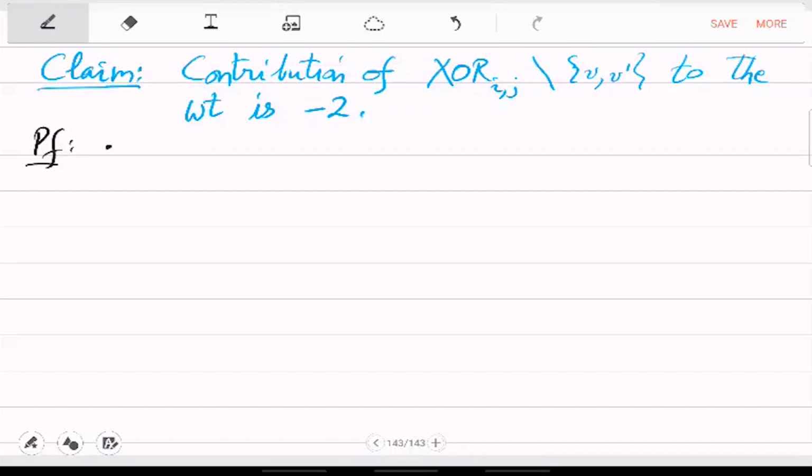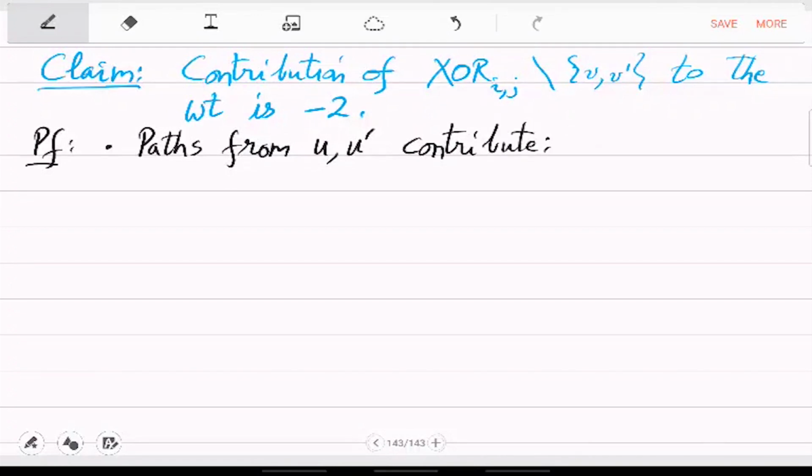And this is again a simple calculation looking at the definition of the XOR gadget. So let's see the paths from UU prime. So these 4 vertices, and UU prime is here.